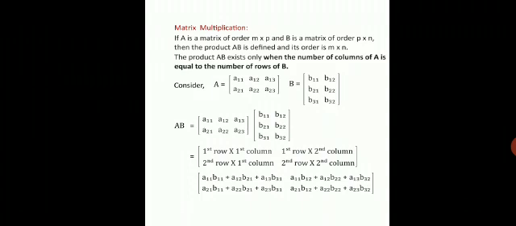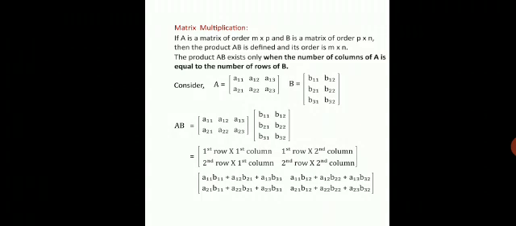So multiply the first row with the first column to get the first element, and the first row with the second column you will get the second element. Similarly, go to the second row into the first column, third element. So the last one, second row into second column, that is your last element.